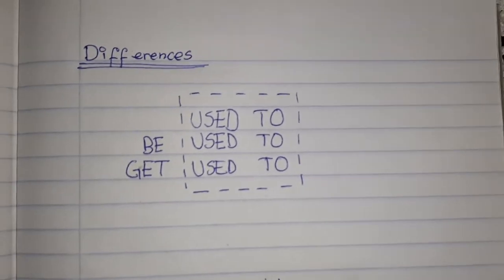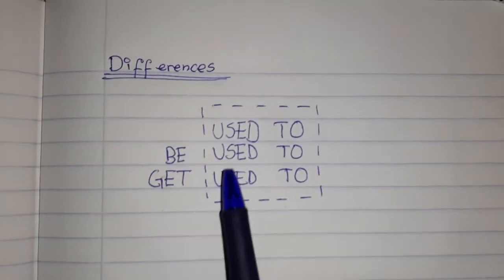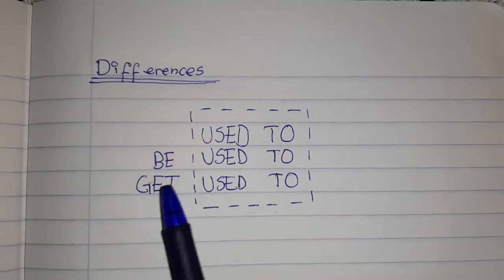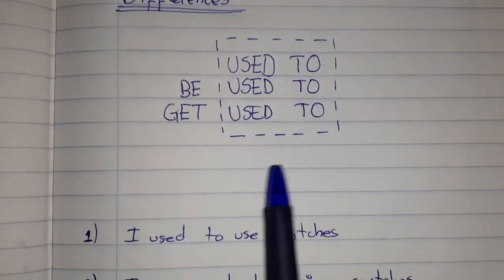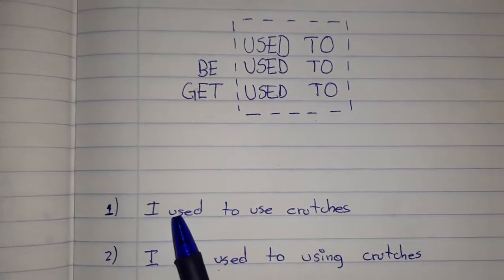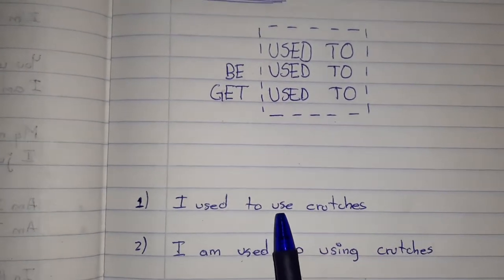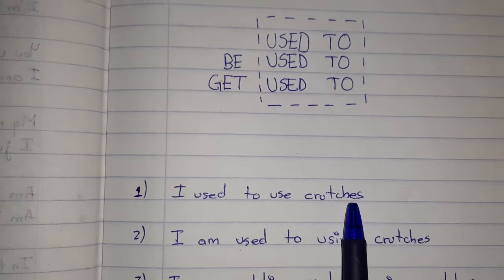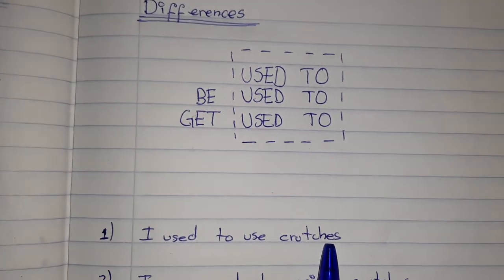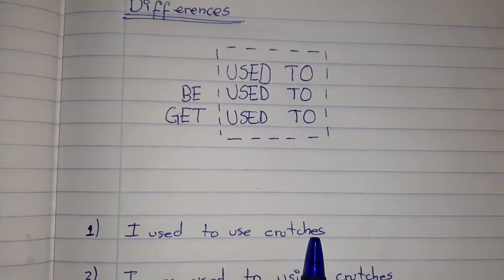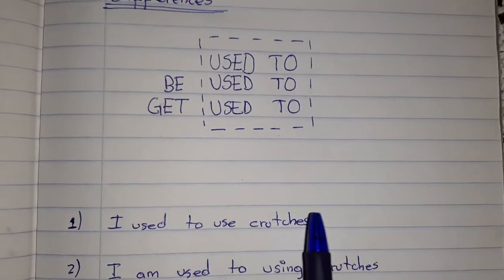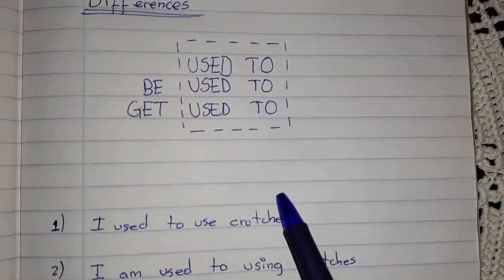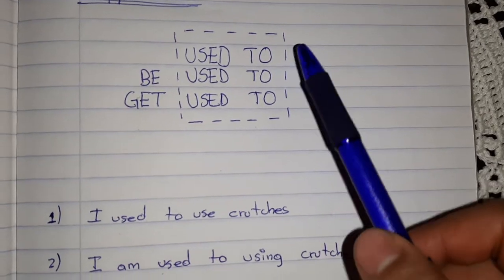Well guys, now I'm going to show you the difference between used to, be used to, and get used to. Well, I used to use crutches. When we are sick and we have a broken leg, we need to use crutches because we cannot walk. So this is the first example that is linked to this.